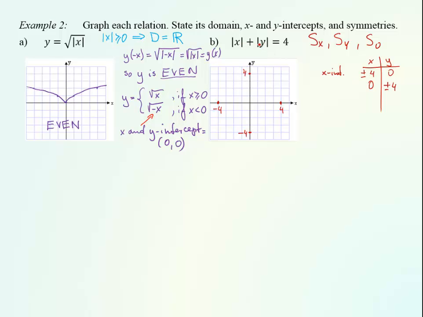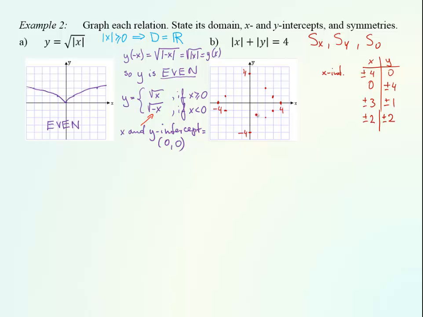Okay, let's change something for x and y. Let's say y is plus or minus 1, which results in absolute value being 1, then to add to 4, I need 3 for x. So x could be plus or minus 3. Oh, I already have 4 points to plot. So plus 3, 1 and negative 1, and minus 3, 1 and negative 1. Similarly, if we increase y by a little bit, I have to decrease the x by the same amount. So if y is plus or minus 2, then x could be plus minus 2 as well.